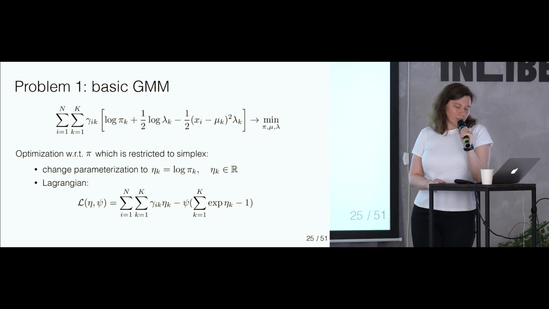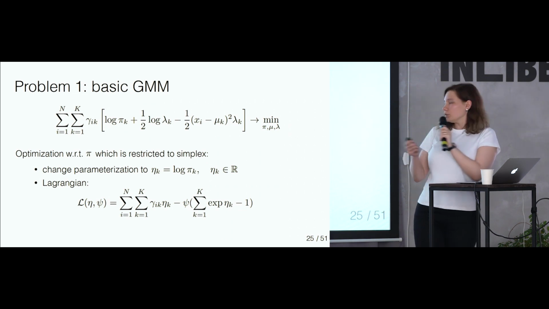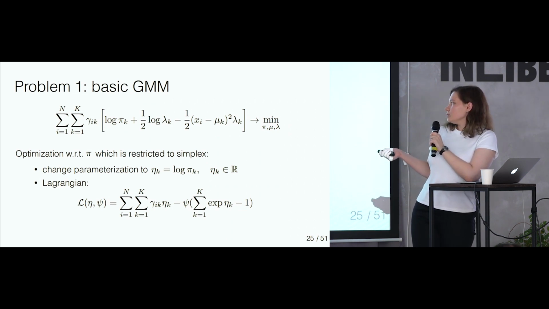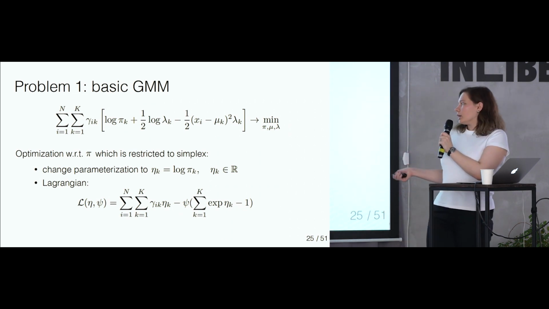To meet the inequality constraint, we reparameterize our model and use this new parameterization eta k, which is equal to the logarithm of pk. And to deal with the equality constraint, we write down the Lagrangian.